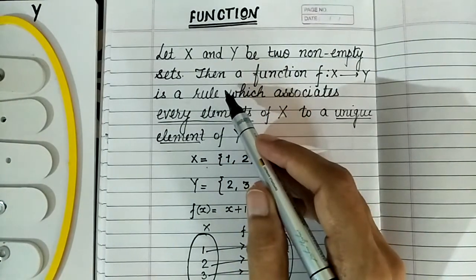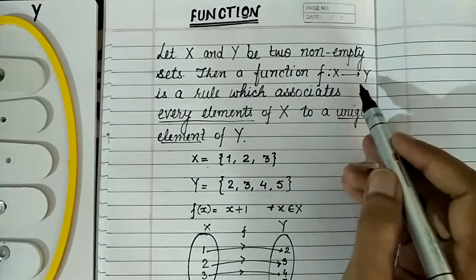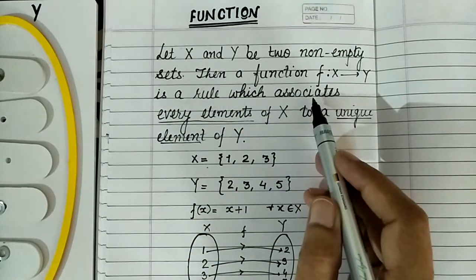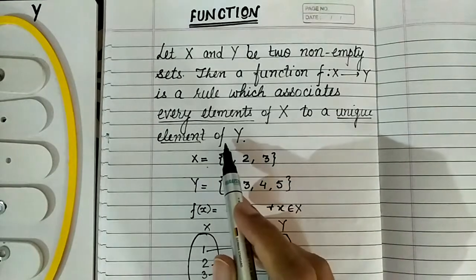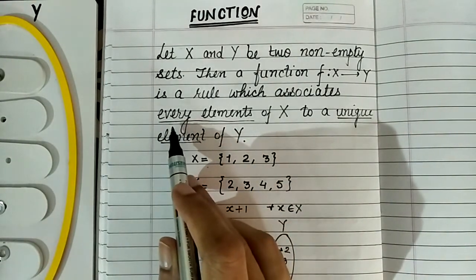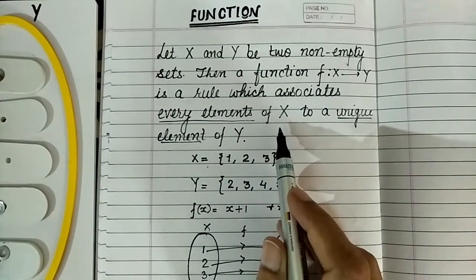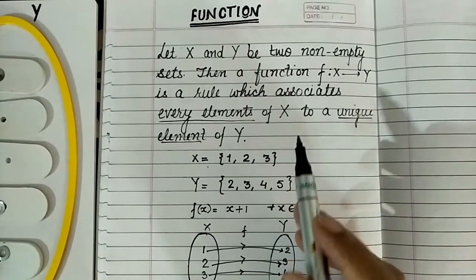Then a function f from x to y is a rule which associates every element of x to a unique element of y. Means no element of x is left unassociated. Then we can say that rule is a function.